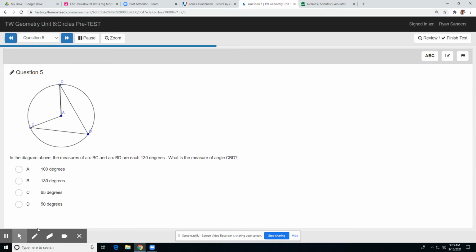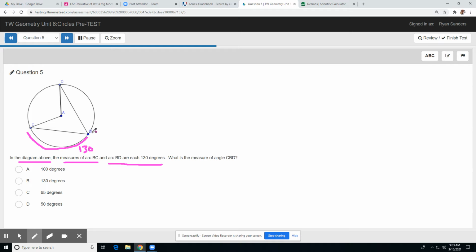Question 5. In the diagram above, the measure of arc BC and arc BD are each 130 degrees. So let's go ahead and mark that. Arc BC. From B to C arc is 130.